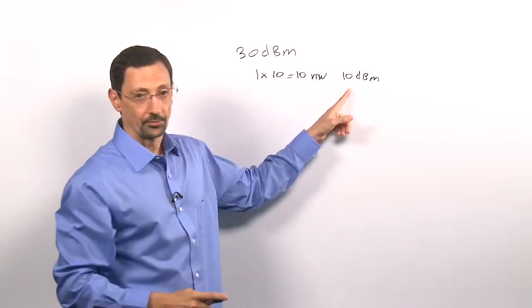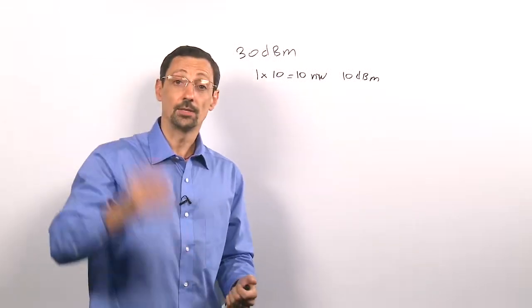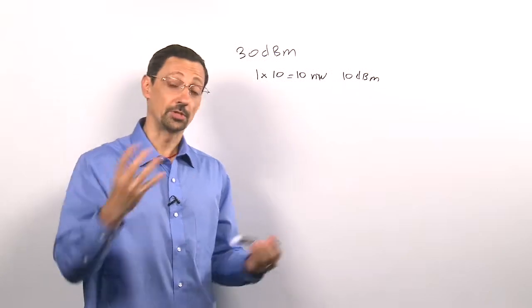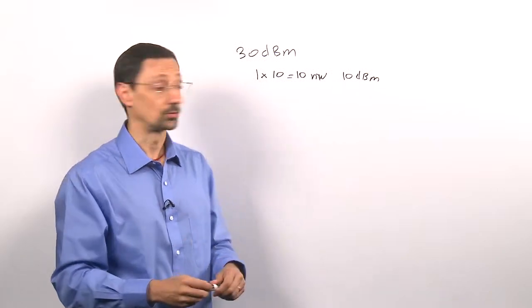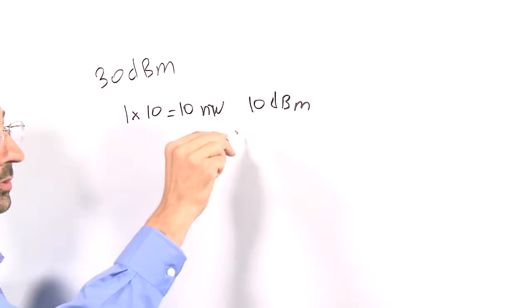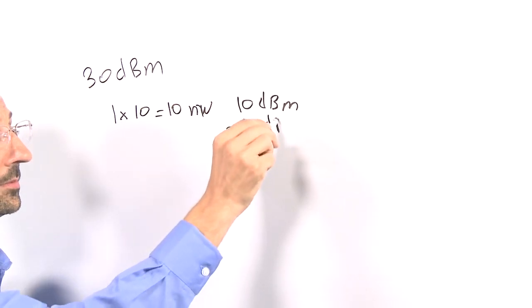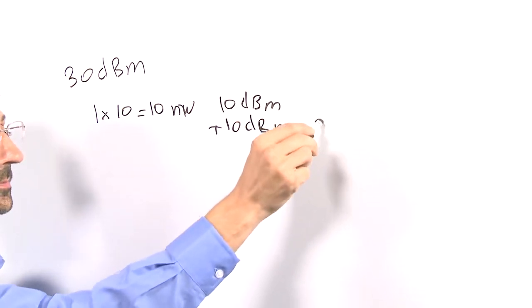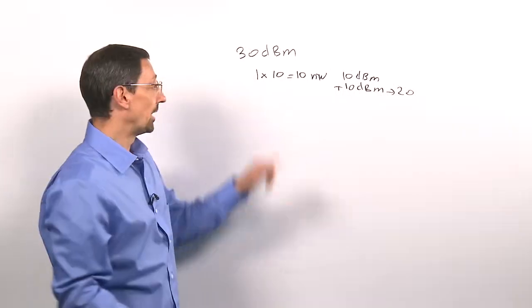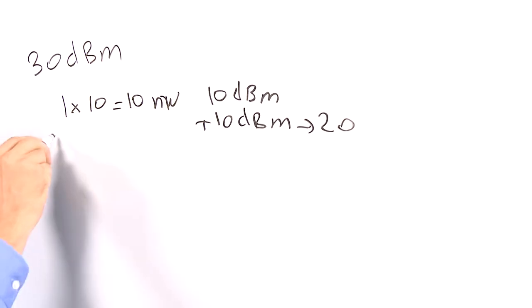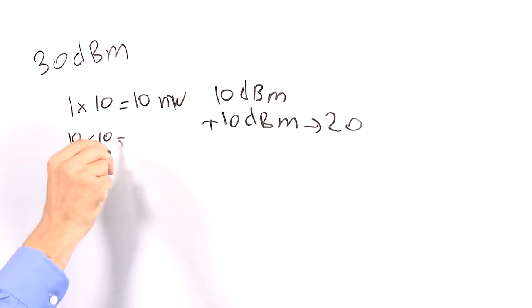If you want to go from 10 dBm to 30 dBm, can you add tens again? Yes, you can. And you know every time you add 10, you multiply by 10. So I can add 10 here. So if I go plus 10 dBm, that's going to be 20. And to get to 20 dBm, I multiply this by 10. So I go from 10 times 10 to 100 milliwatt.